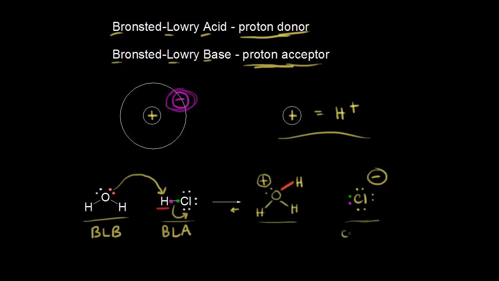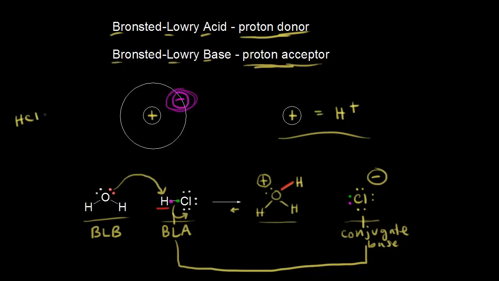And this is actually the conjugate base to HCl. Let me write that here. Conjugate base to HCl. So we have a conjugate acid-base pair here. Let me write that over here. So we have HCl and Cl-. And think about the difference between these two. There's one H+ difference between that conjugate acid-base pair.